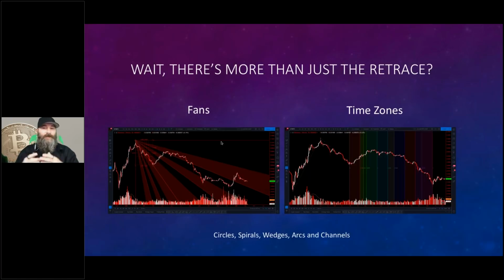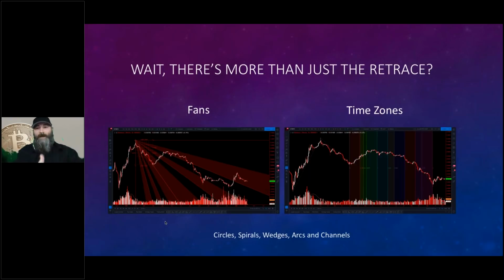All right. Now, before we go right into the retracements, understand, like I said, how big Fibonacci is. It is not just a retracement tool. There's Fibonacci fans, there's Fibonacci time zones, circles, spirals, wedges, arcs, channels. These are all based off of that same sequence and those same ratios that we just spoke about. I really want to drive home how important that is, that it's far bigger than just trading.